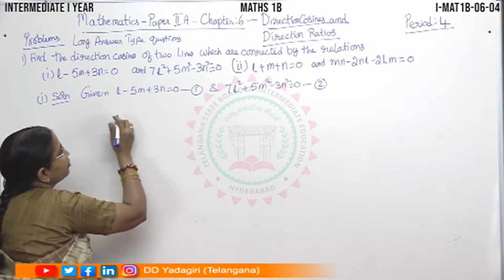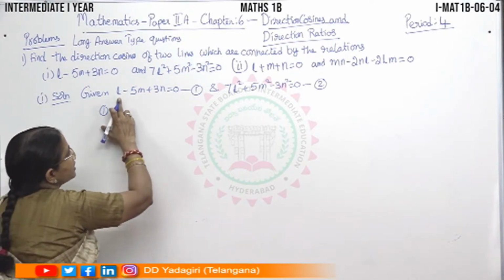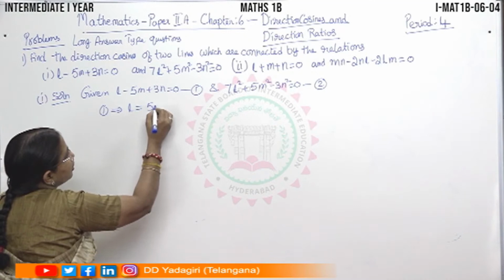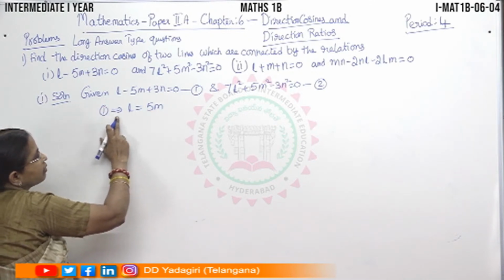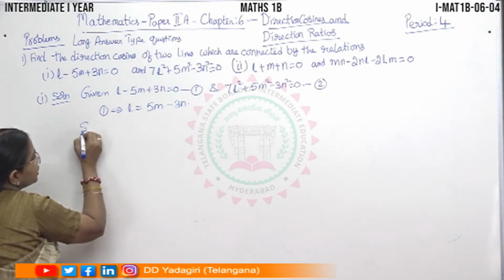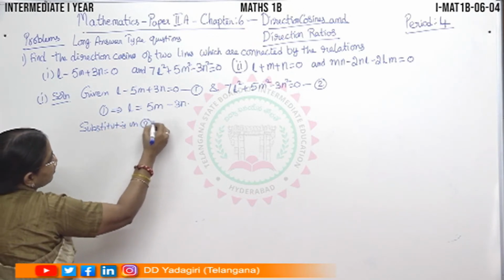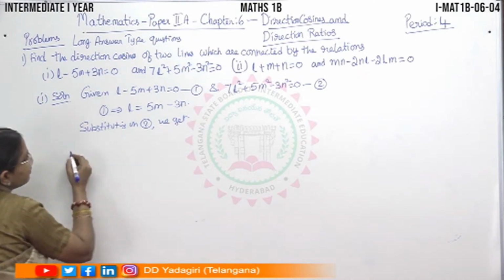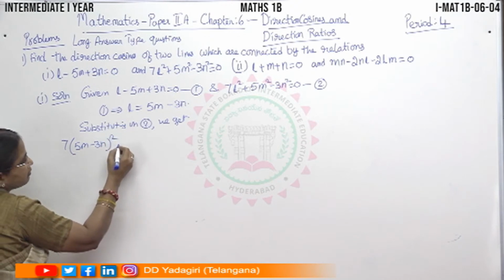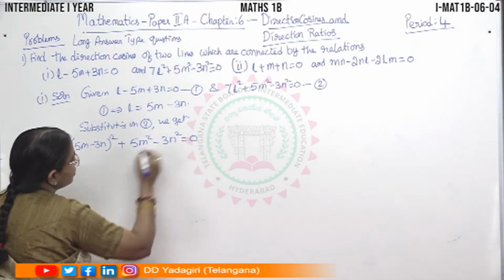So from the first equation you can find out any one, either l or m or n. Here it is easy to find the l value because it has coefficient 1. So from equation 1, l is equal to 5m minus 3n. Now substituting in the second equation we get 7 into (5m minus 3n) whole square plus 5m square minus 3n square is equal to 0.